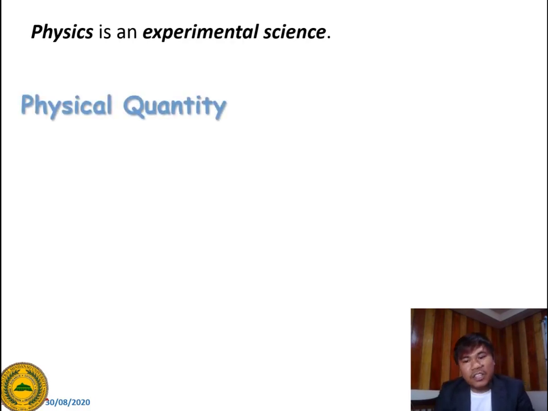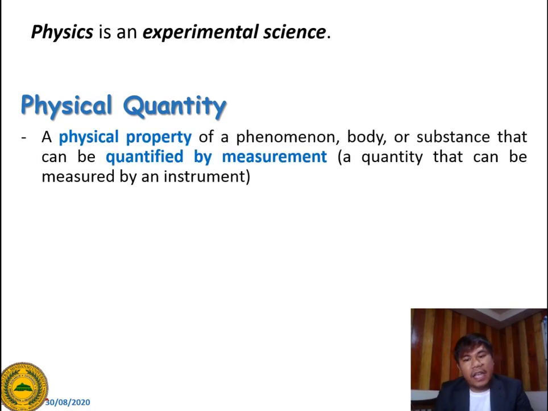And so the concept of physical quantity comes in, and we define this as any number that can be described quantitatively. What are the examples of this?